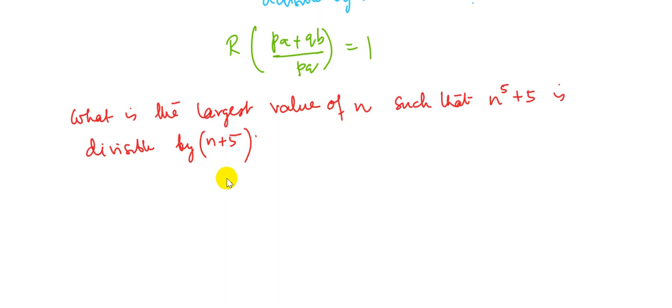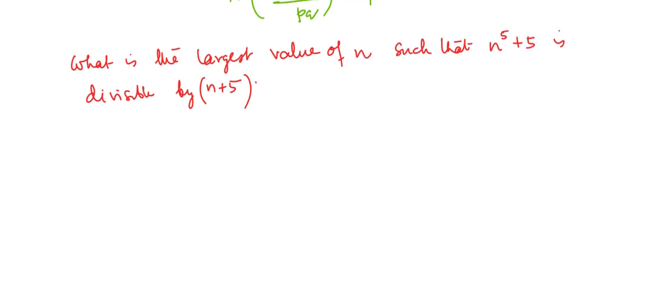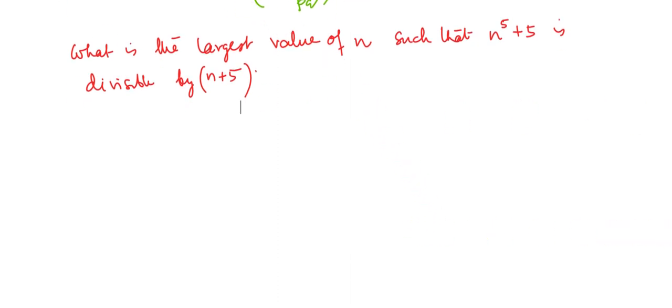Now this is what I call a classic question for an exam like ISI or KVPY. Now how will you solve this? Same as before, using dividend equals quotient into divisor? No. Here you can't do that, because you are asking for the largest value of n.